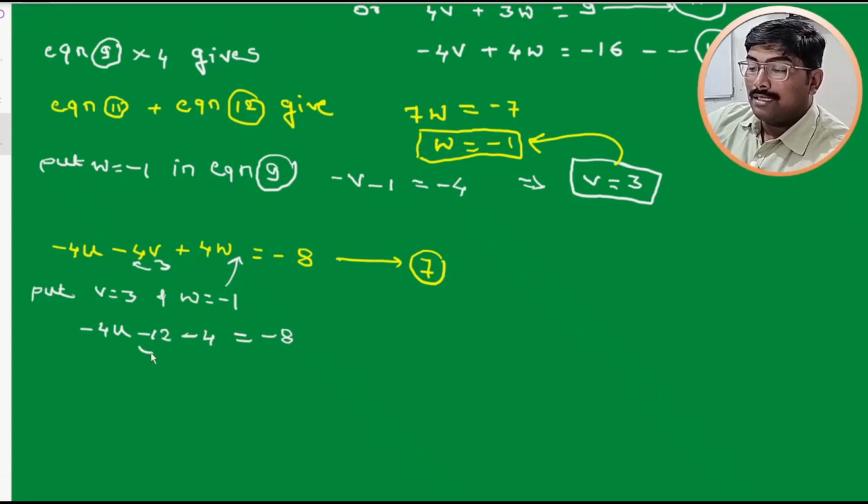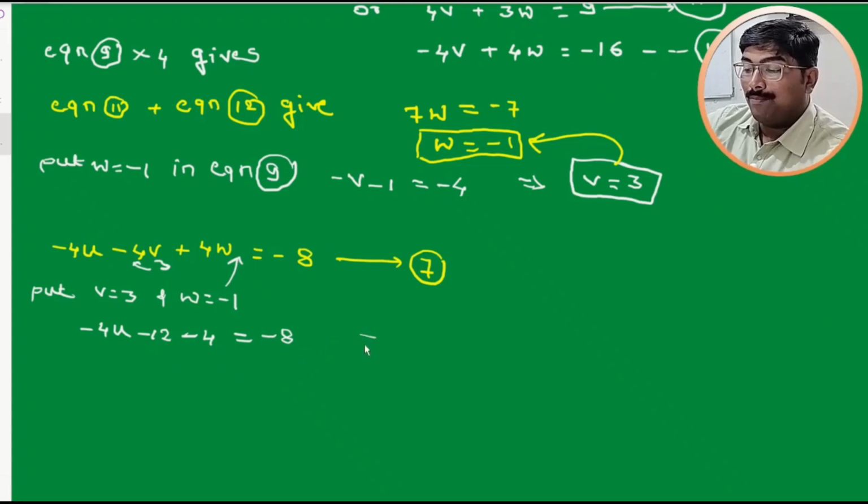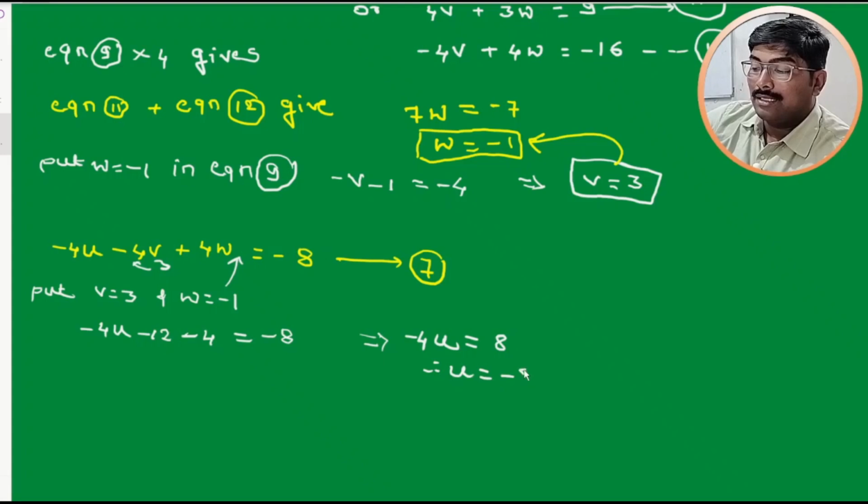So here minus 12 and minus 4 is equal to minus 16. If we transpose to the right hand side, you will get plus 16, and plus 16 and minus 8 is equal to plus 8. So minus 4u is equal to plus 8. Therefore, u is equal to minus 2. So this is the value of u is equal to minus 2.